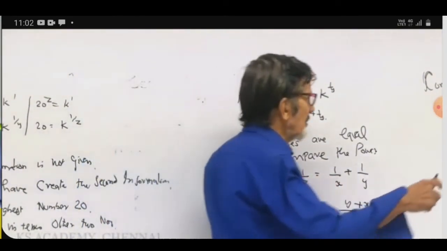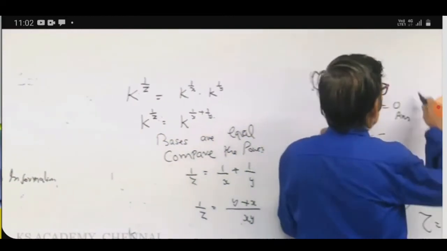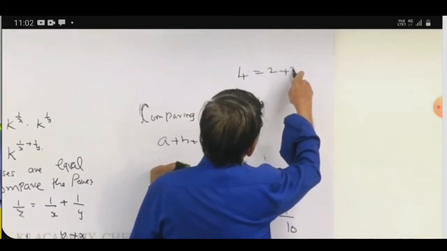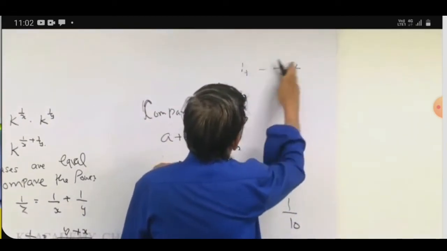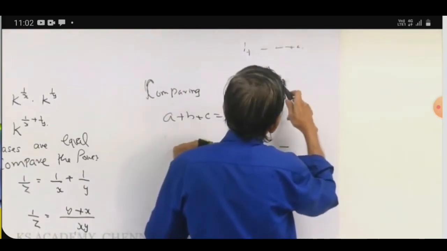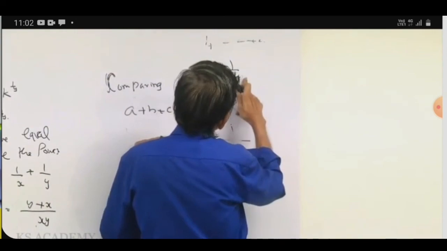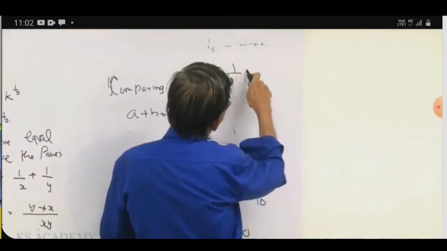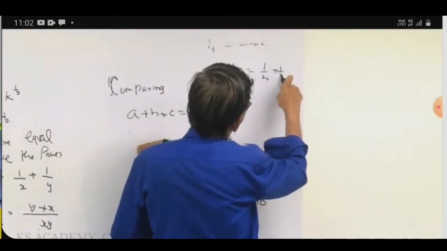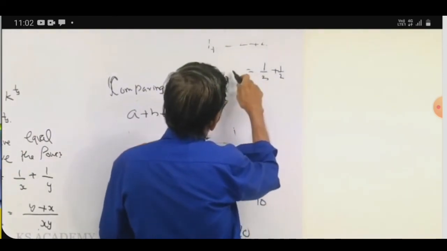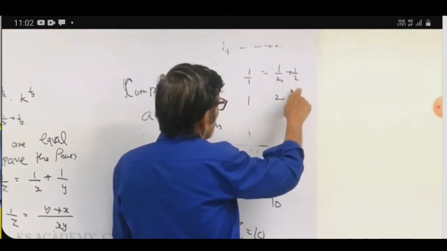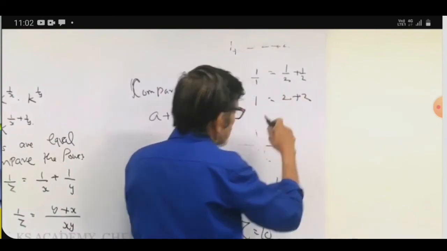I will give one example. 4 is equal to 2 plus 2. 1 by 4 is equal to, 1 is equal to half plus half. Invert: 1, invert 2, invert 2, so 1 is equal to 2 plus 2, 4.